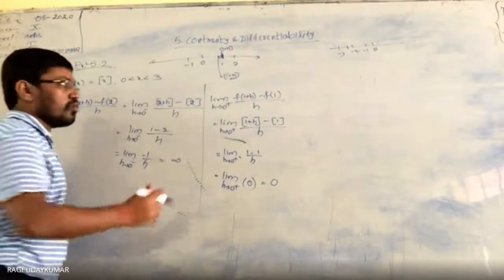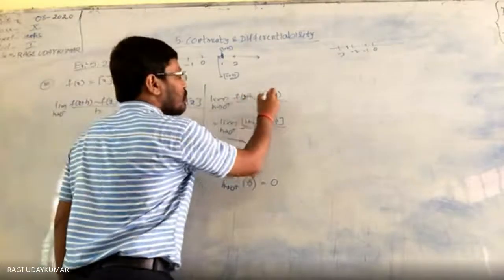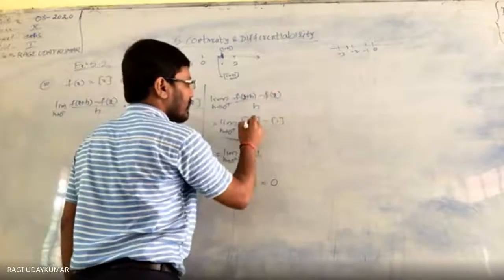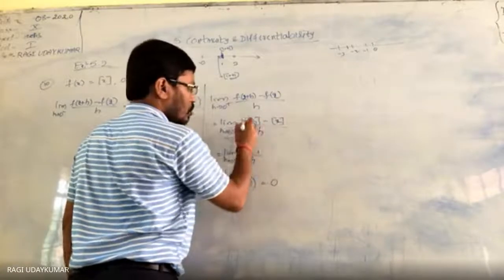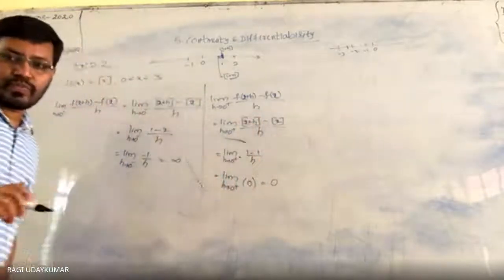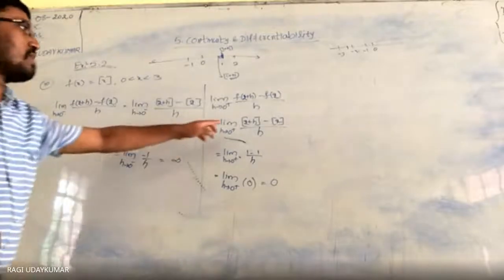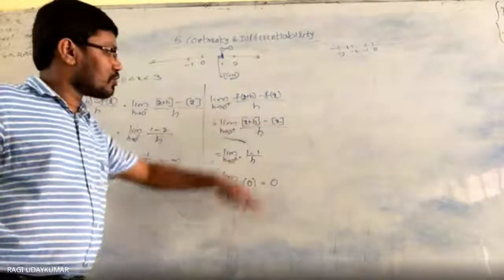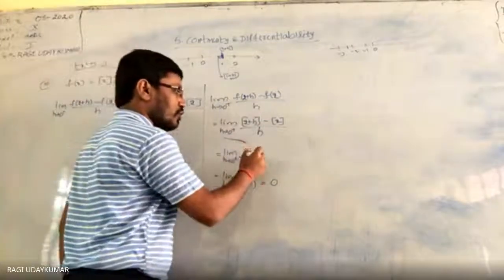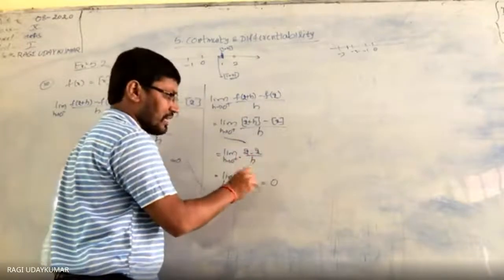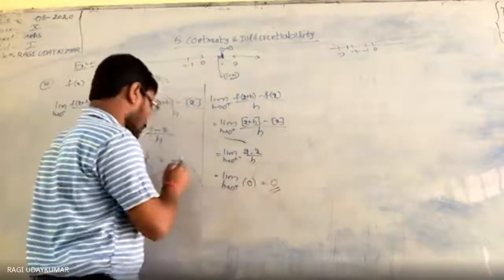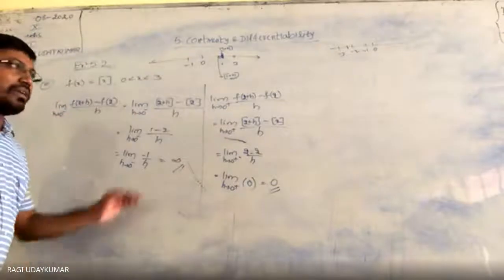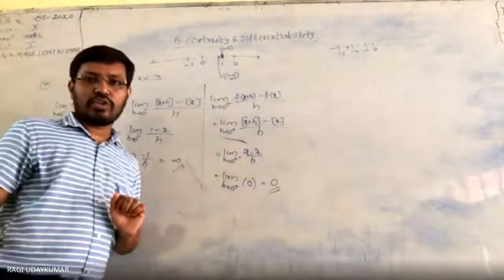At x equals 2, here 2 plus h is equal to 2, the same you will get. Here also 2 you will get. 2 minus 2 is 0. Here it is 0, here it is infinity. One case is infinity and another case is 0.